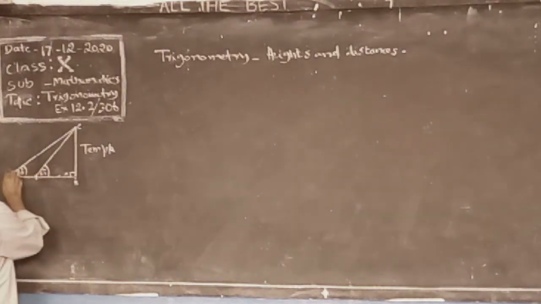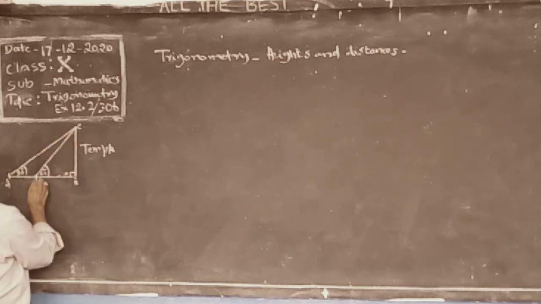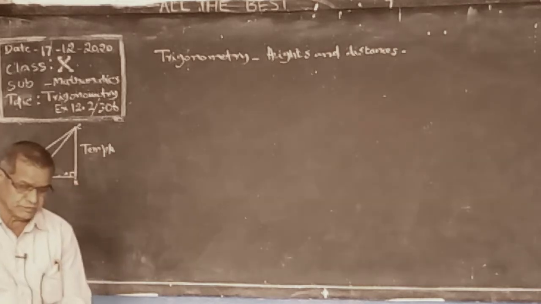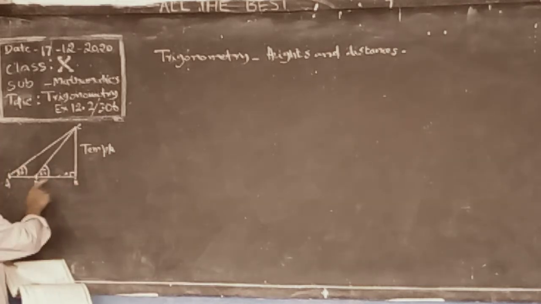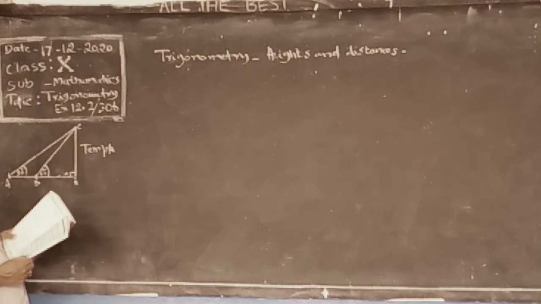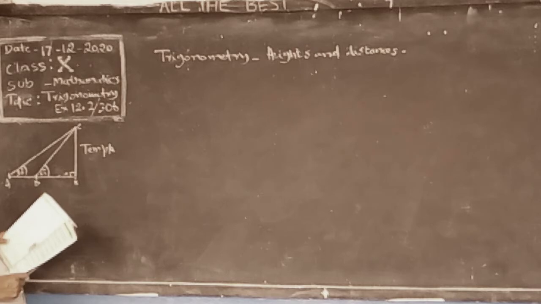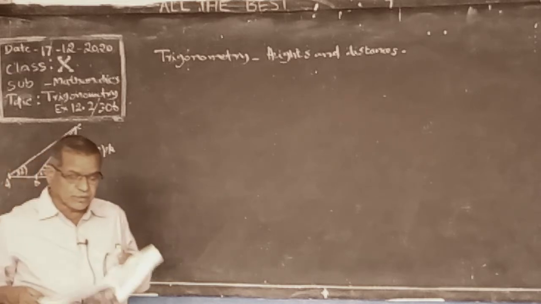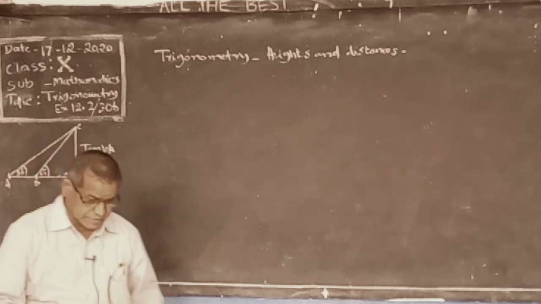The temple. The person is here first at A, then B, C. Next he moved forward. To the top of the temple; find the distance he walked towards the temple. A 1.5 meter tall boy is looking at a temple which is 30 meters in height from a point at a certain distance.